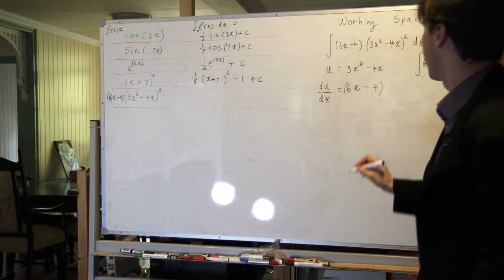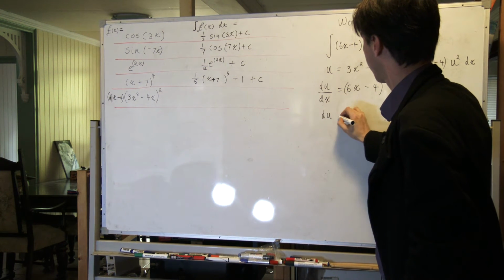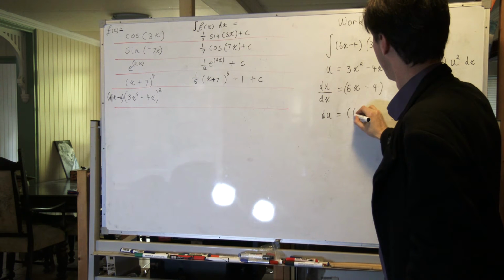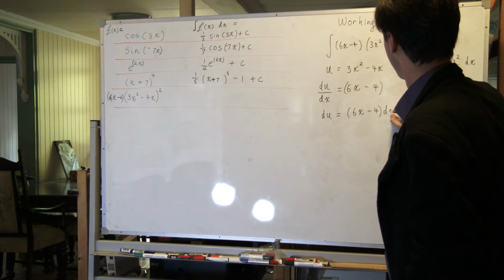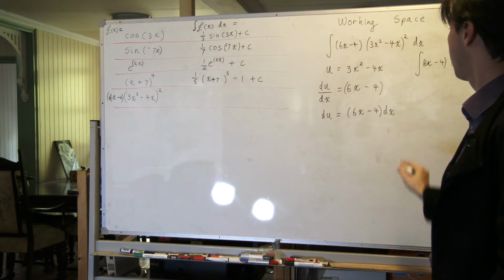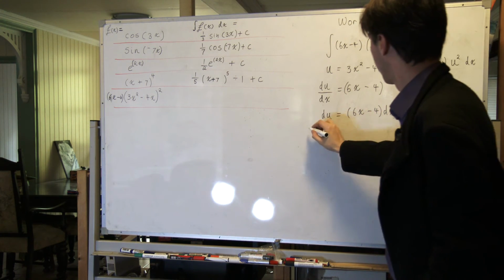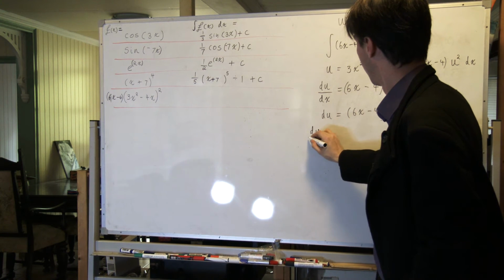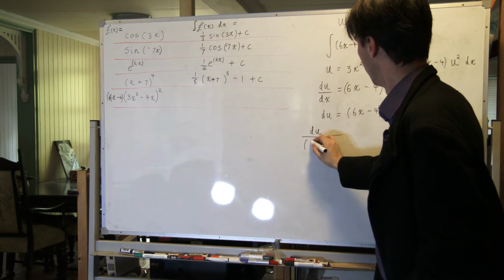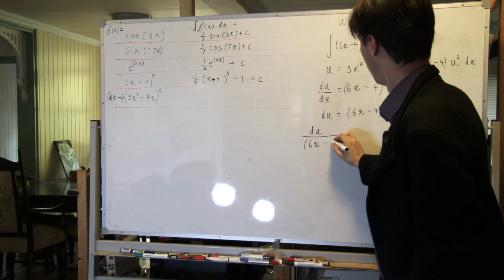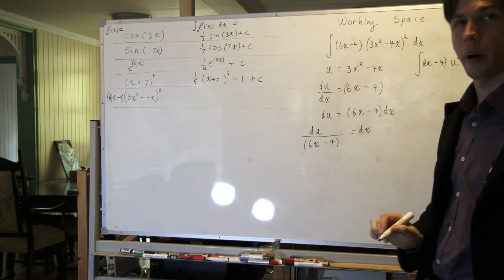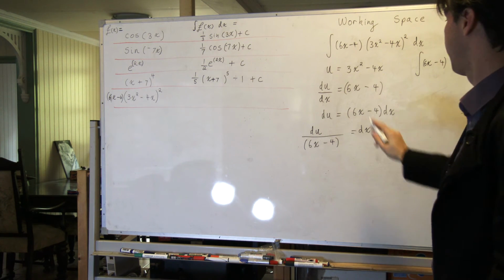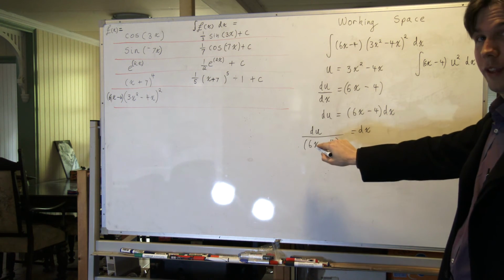All right, now multiply everything by dx. Then divide everything by the bracket 6x minus 4. So everywhere I see dx, I can swap it out for that thing there.